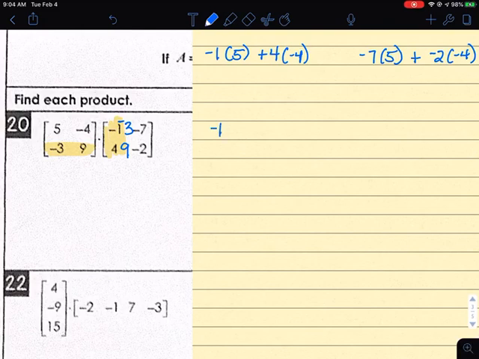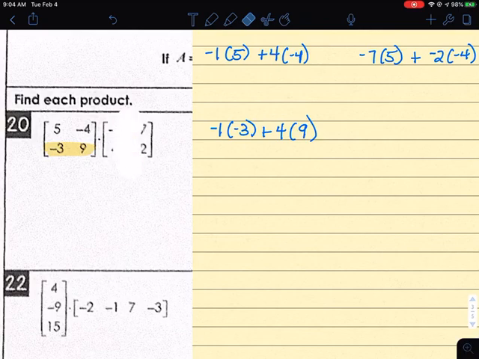So -1 times -3 plus 4 times 9. Now notice I left myself some space because I'm going to have to go back in and simplify that in a minute.